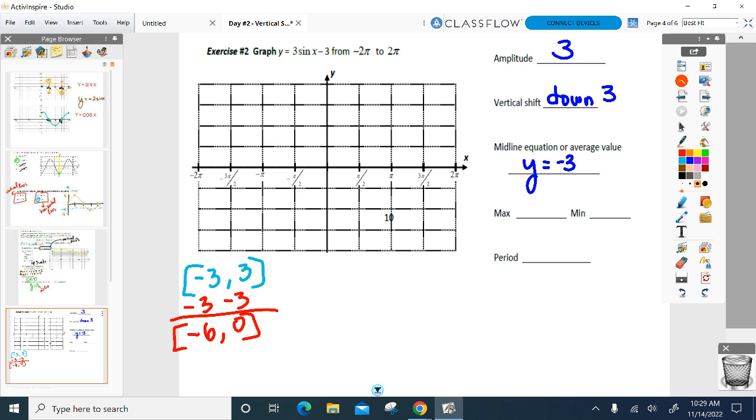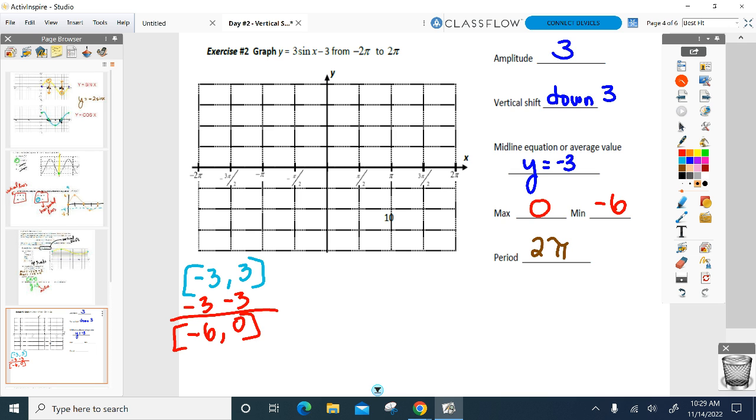So my new max is 0, my new minimum -6. The period is always going to stay the same. That's how far the graph is going to go on the x-axis, to 2 pi until tomorrow. We're always going to finish our graphs at 2 pi, and then it starts repeating again. All right, we ready?